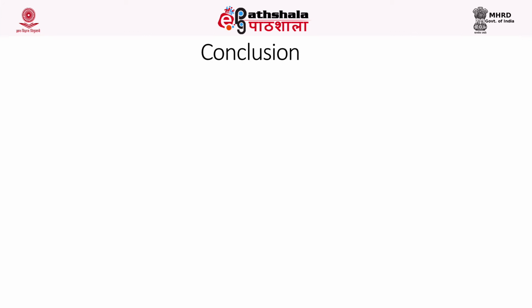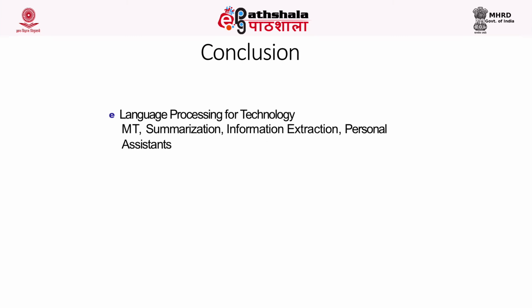So the conclusion is, language processing for technological purposes is what computational linguistics does, for machine translation, summarization, information extraction, personal assistance, etc. But it also helps towards better understanding of language, because in computational linguistics, one is looking at a large body of real language texts.